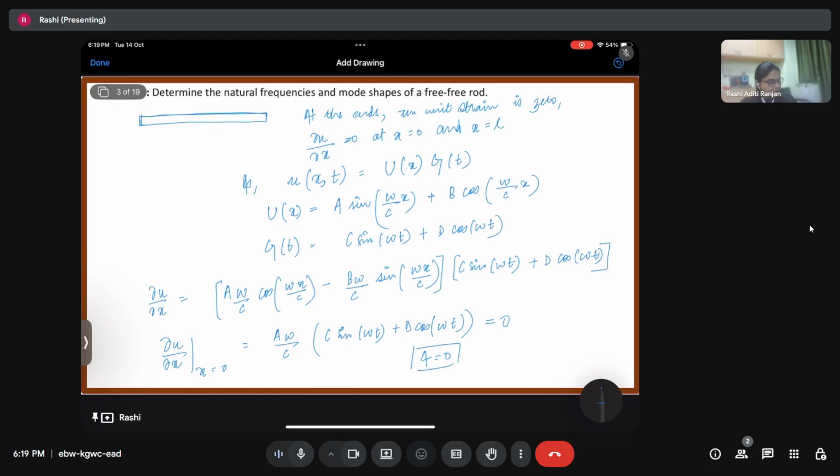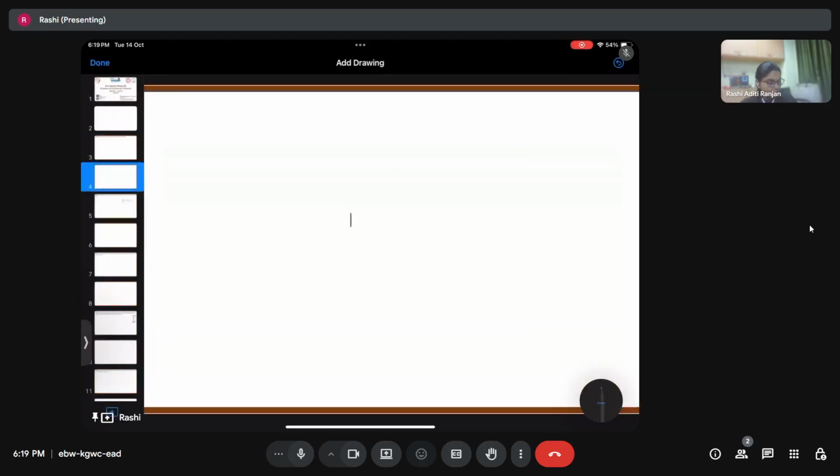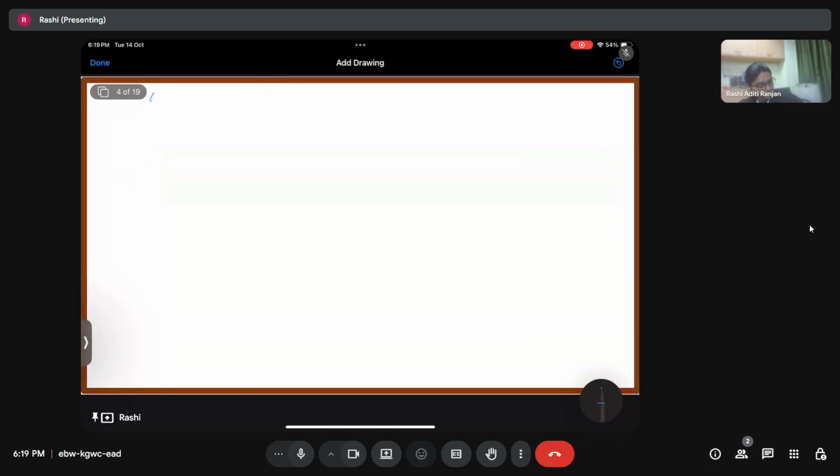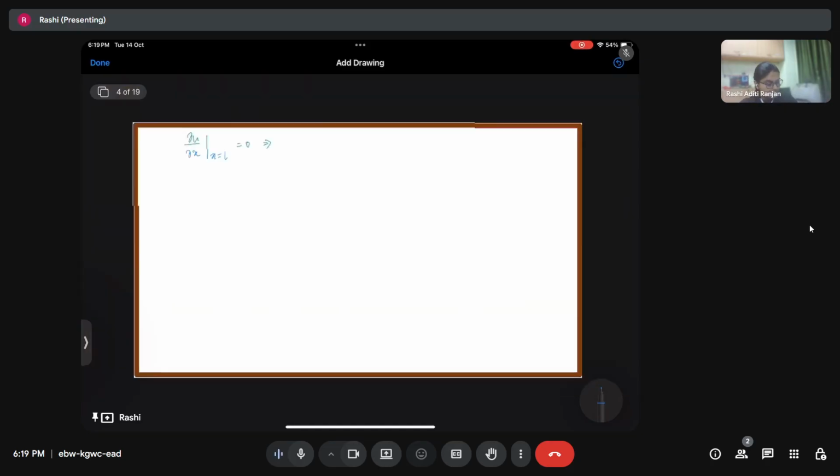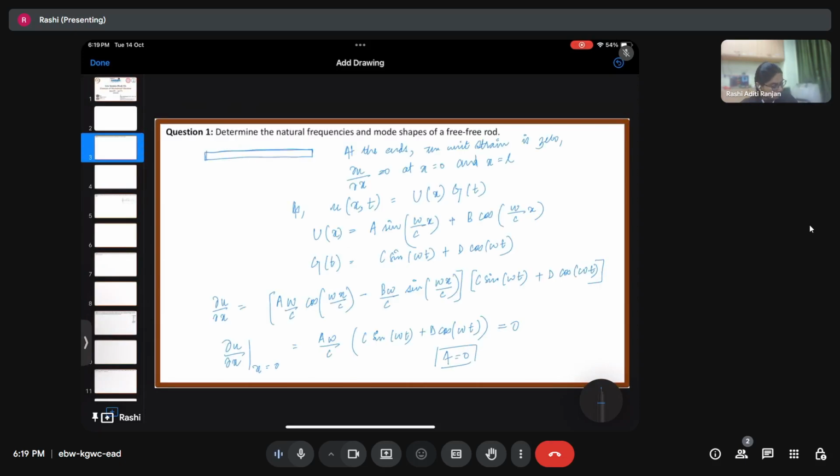The second one, del u by del x at x equals L, is equal to 0, which implies we now have x equals L. Look over here, we have to put L over here, right?